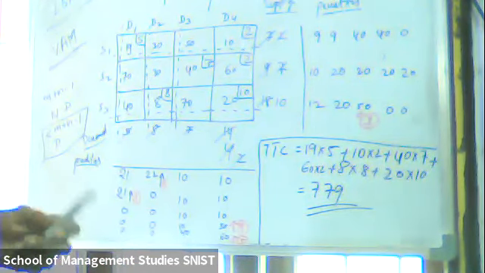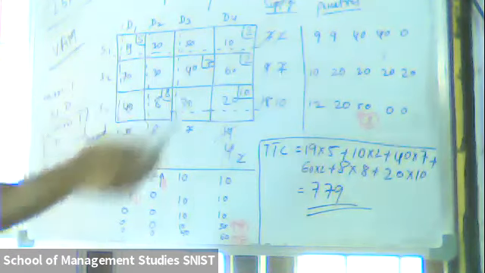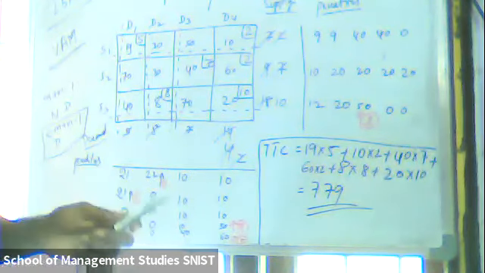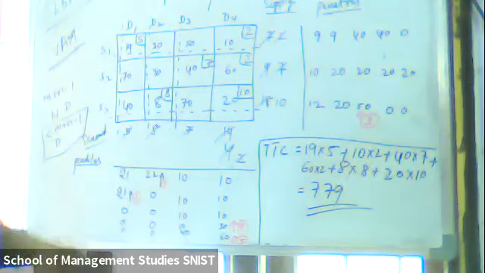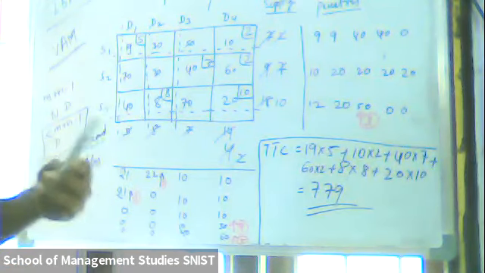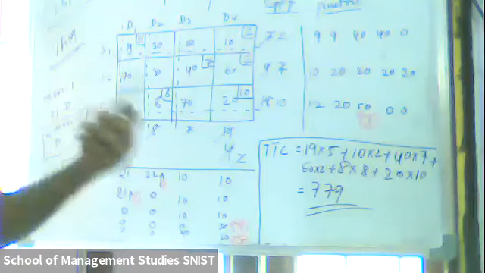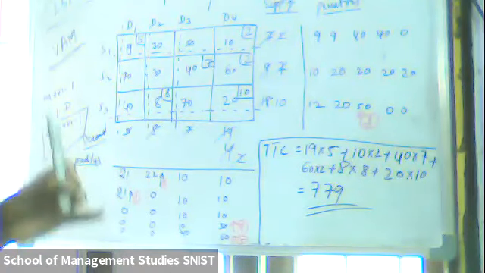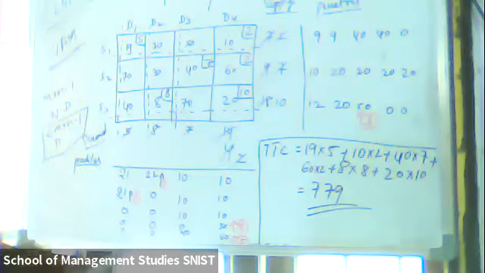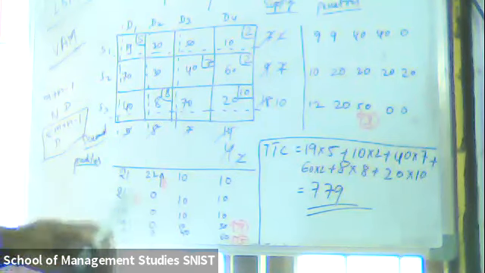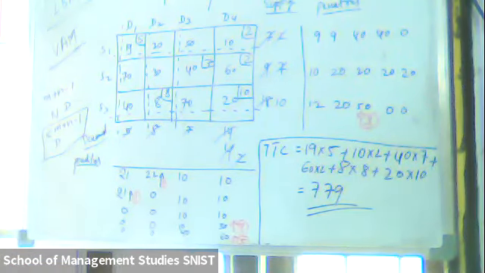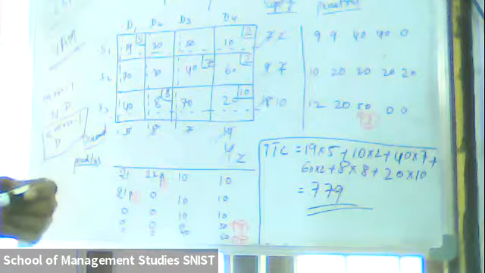They may ask you directly, solve the following transportation problem by using the Modi method. They may say, solve the following problem by using any initial basic feasible solution and show the optimality. If you read the words show the optimality, what are they asking?